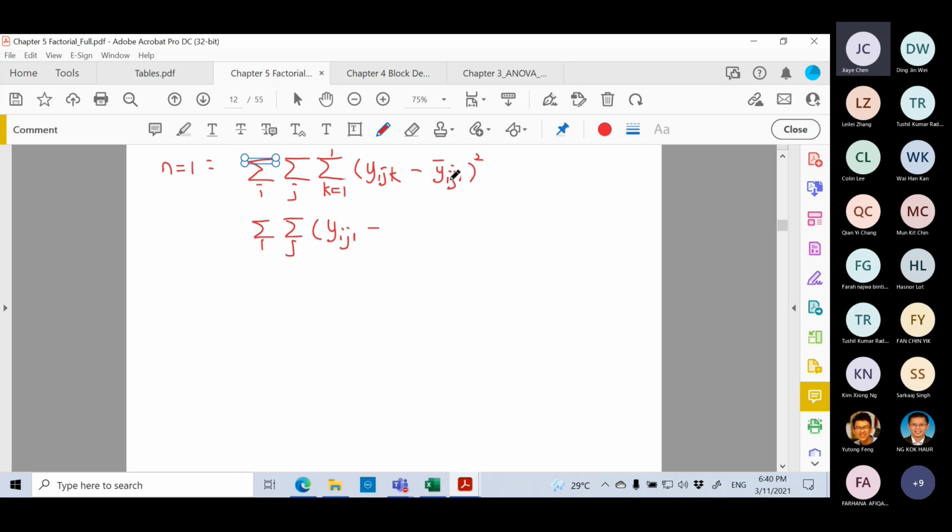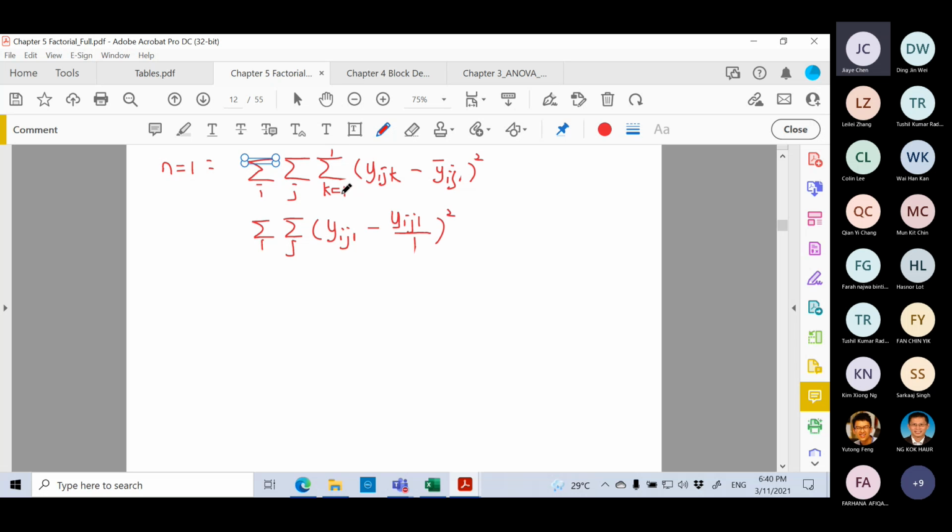The mean y ij dot means you total all the observations ijk divided by the number of observations. Because there is only one observation, you have y ij1 divided by 1 only, squared.